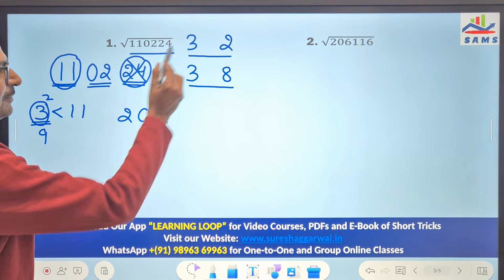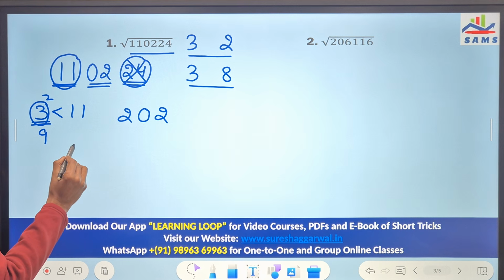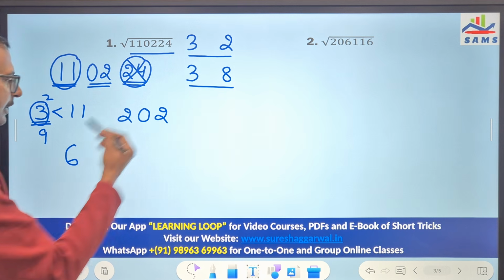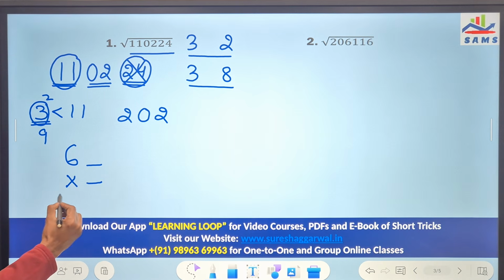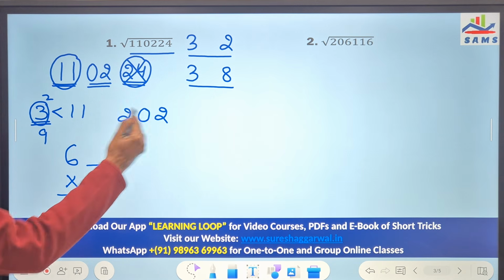First digit is 3, so I will double it, 6, right? 3, the double is 6. So I want a single digit so that 6 and this becomes a 2-digit number, and when I multiply it by the same digit, I should get very close to 202, but not above 202.